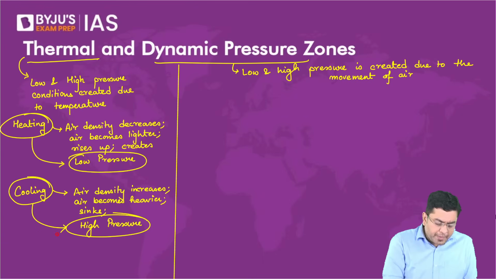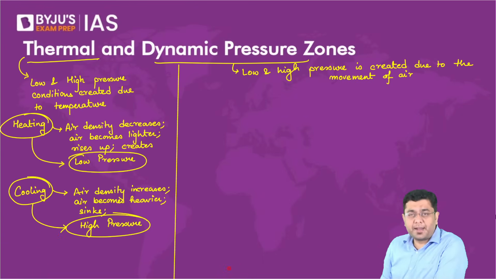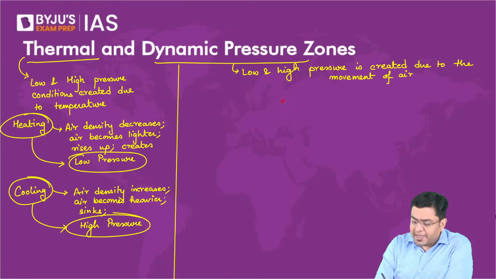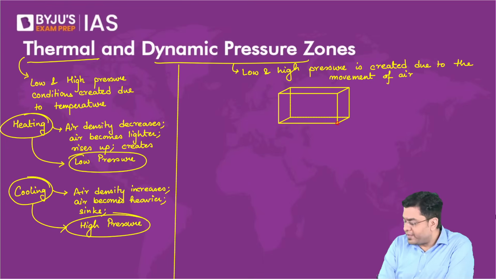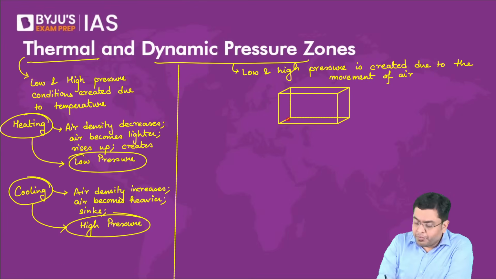Now, when we talk about the region of a dynamic pressure zone, here the pressure conditions are created due to the movement of air. So if we consider any particular region, for example, here we take the case with the help of a room example.